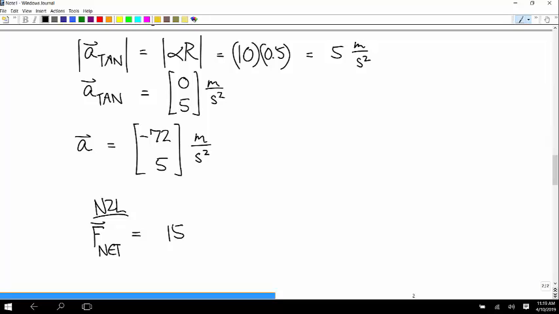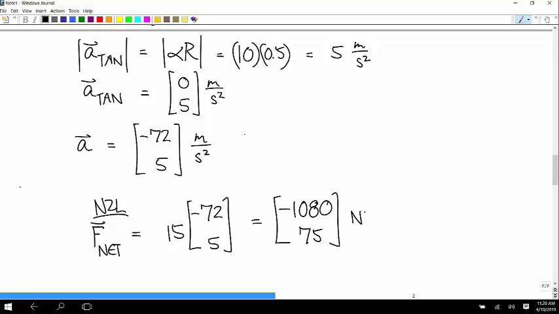So that's a mass of 15 times the acceleration of negative 72, 5. And that is negative 1080, positive 75 newtons.